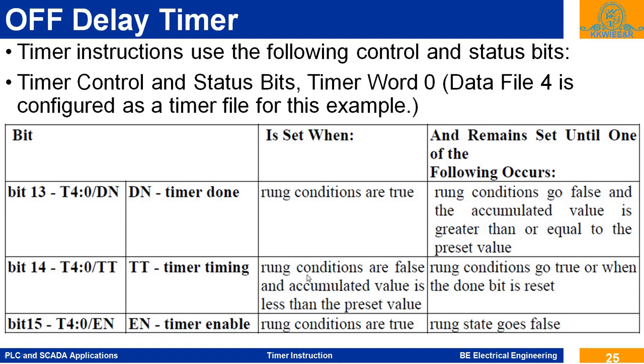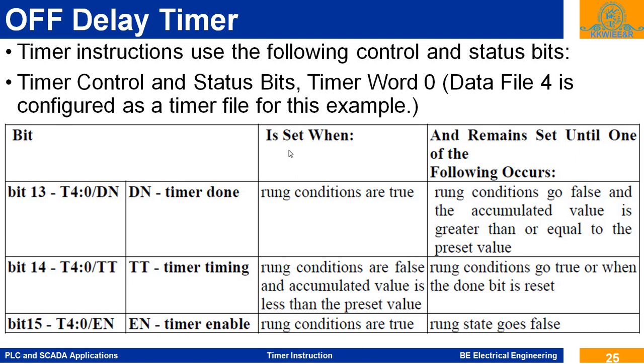TT bit, when the run condition is false, your accumulator starts incrementing. Run condition is false and the accumulated value is less than the preset value. When the run condition goes false, your accumulator starts incrementing, so during that period your TT bit is set.